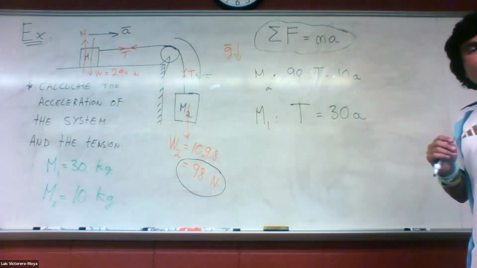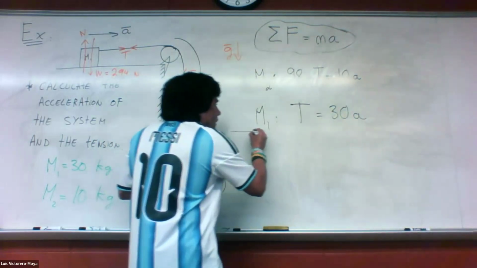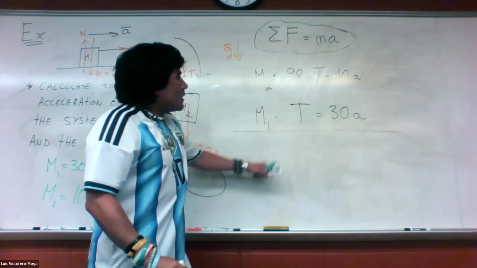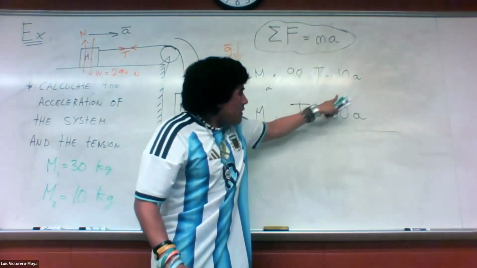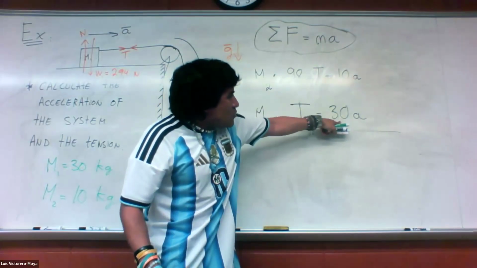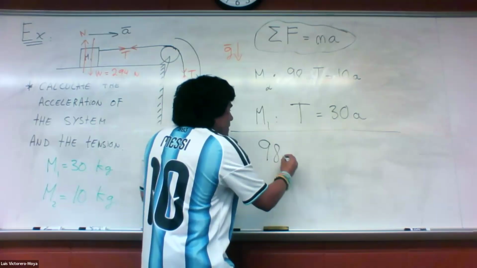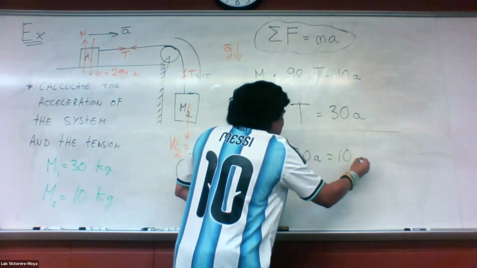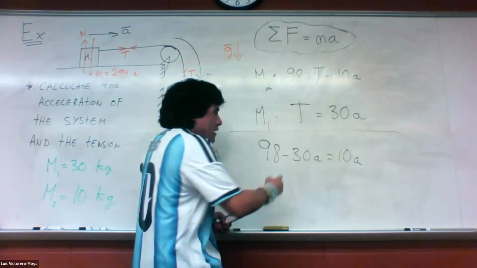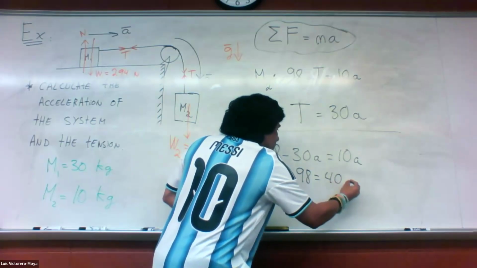Now we have to solve the system of equations. That's easy to solve. Because look, 98 minus T equals 10a, and T equals 30a. So you can substitute: 98 minus 30a equals 10a, and we solve for a. 98 equals 40a.